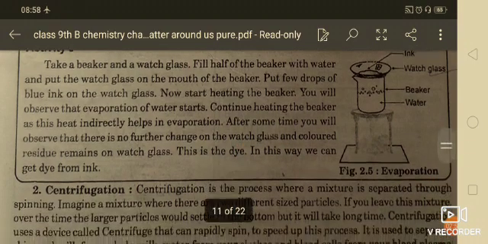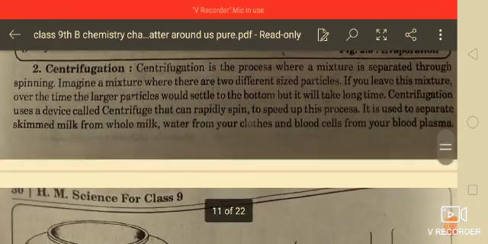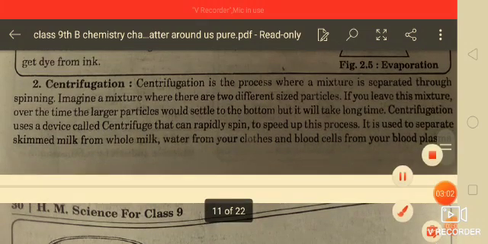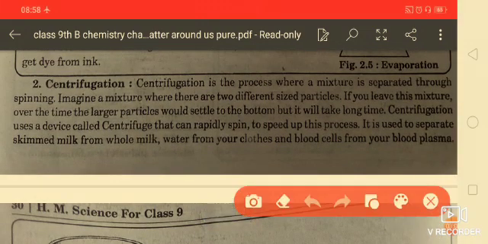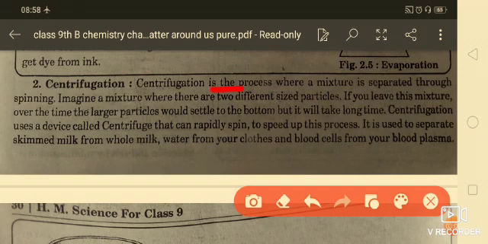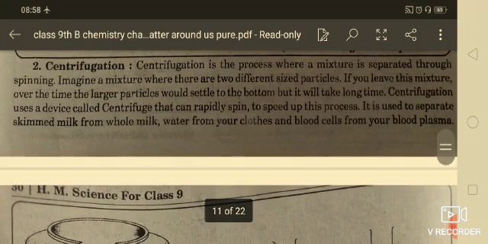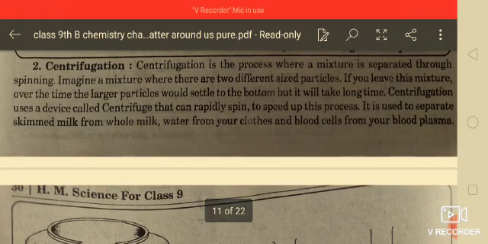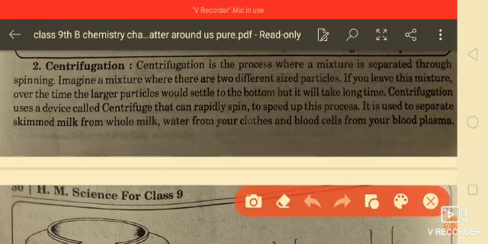Okay, you are seeing here. Now centrifugation, it is very important. By this method you get cream from milk. Centrifugation is the process where a mixture is separated through spinning. Imagine a mixture with two different sizes of particles. If you leave this mixture over time, the large particles would settle to the bottom, but it will take a long time.